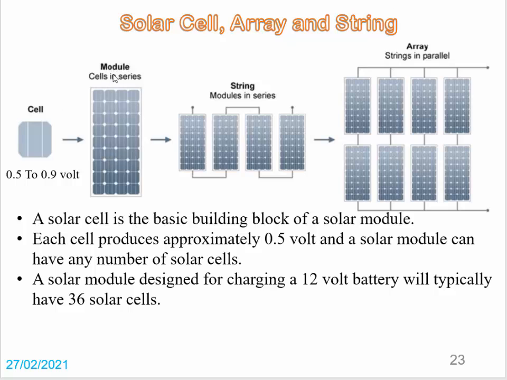We can see here, this is the module, and this is the smallest part, the cell. A collection of cells produces a module, and if we connect the modules in series, then we have a string. So this is called a string.